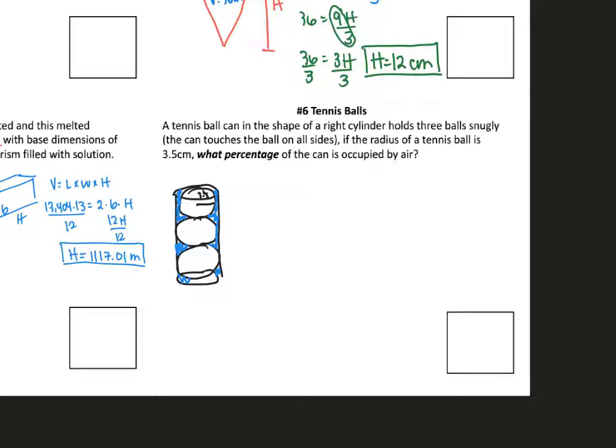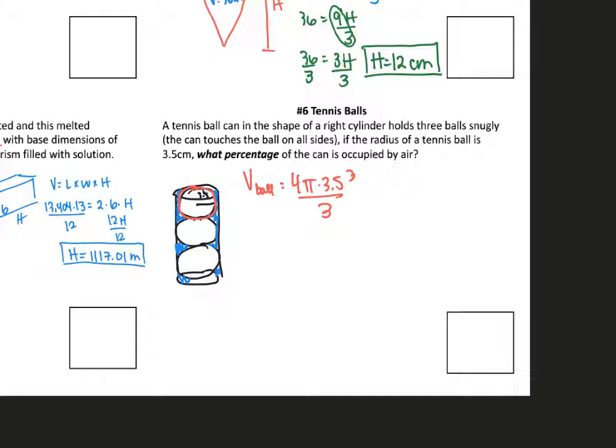Let's find the volume of our spheres. The volume of the balls we know is going to be 4 times pi times my radius cubed divided by 3. And again, this is one of those cases where both shapes involve pi, so you can just keep it in terms of pi.